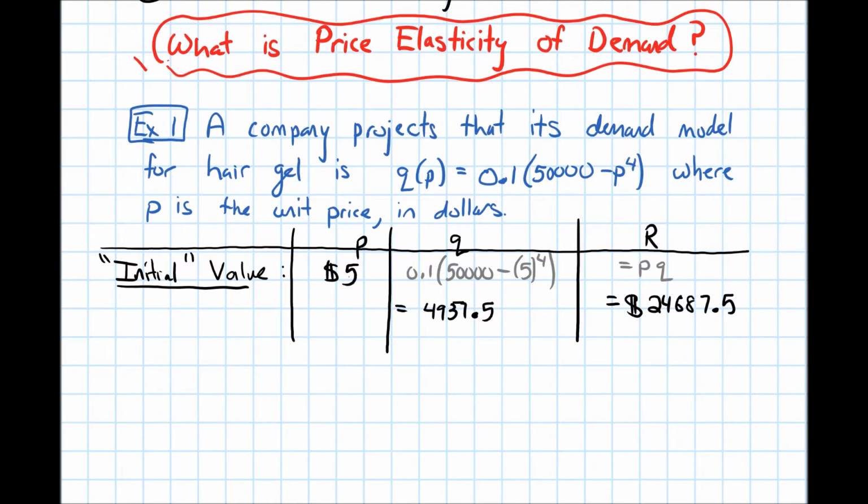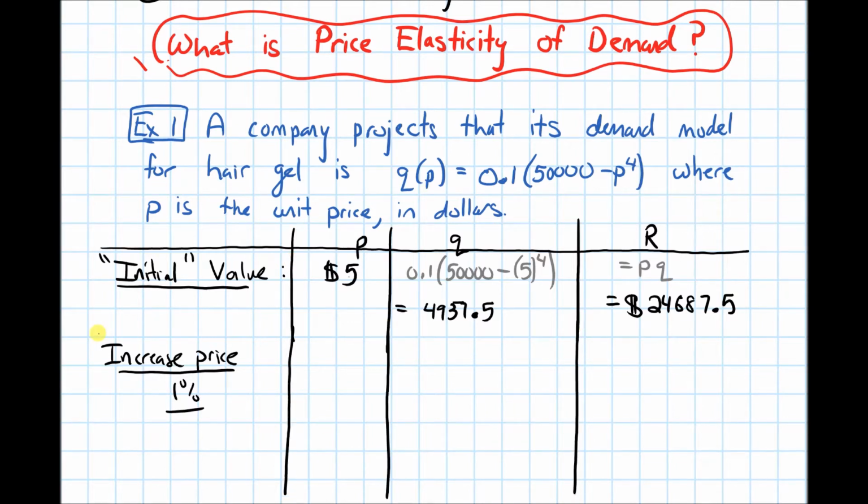And what I want to do now is look at what happens if we increase the price by 1%. So just a tiny amount. So let's extend these lines down, and I'll add a horizontal line here to make another row.